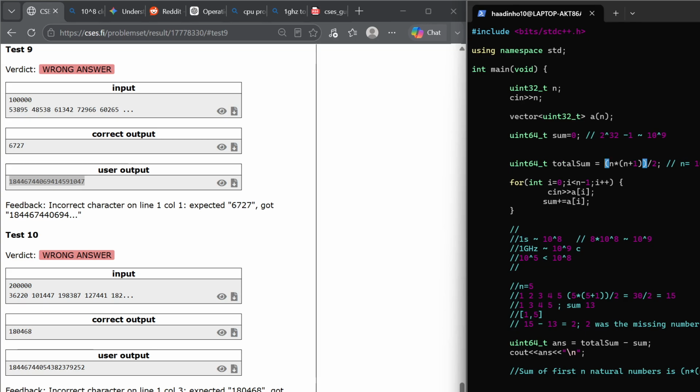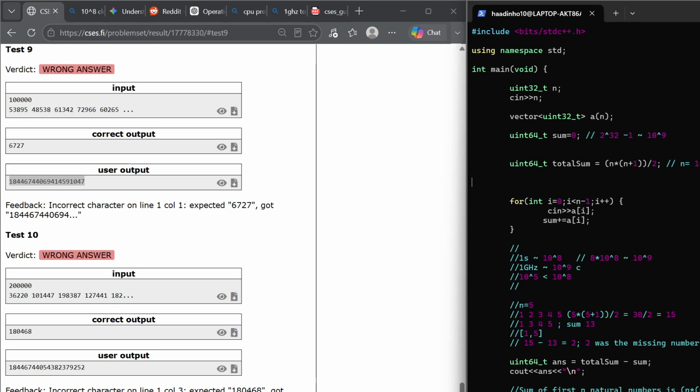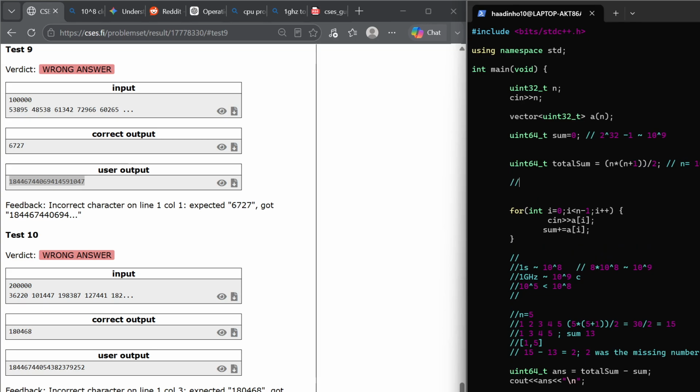But in the intermediate registers, N is still uint32_t. I'll just write it down so it can be better. The final storing place is uint64_t, but n is still uint32_t, because we declared it on top as that.